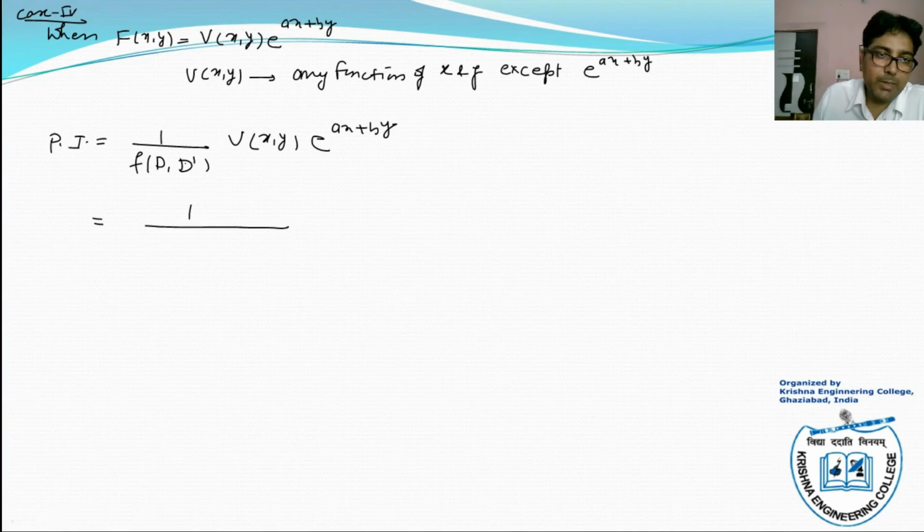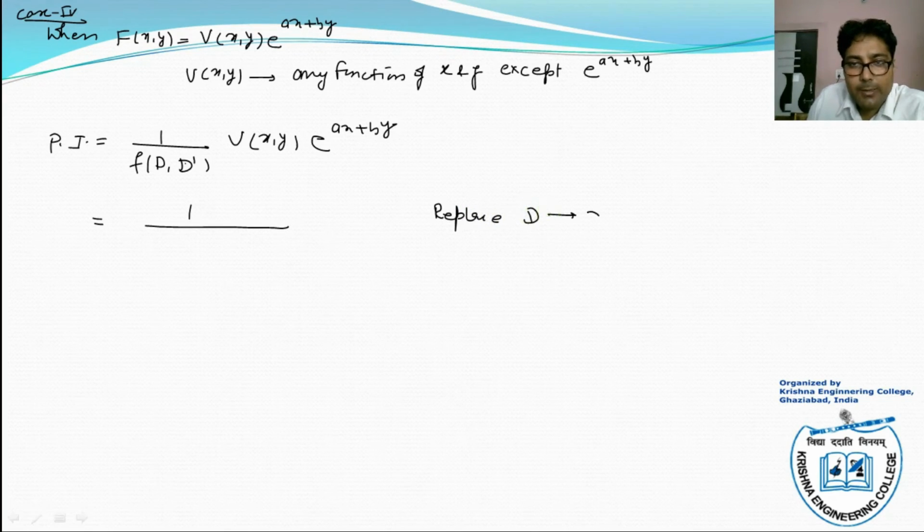For finding the PI, in this case replace D by D plus a and D' by D' plus b. Then the work of e to the power ax plus by will be finished.